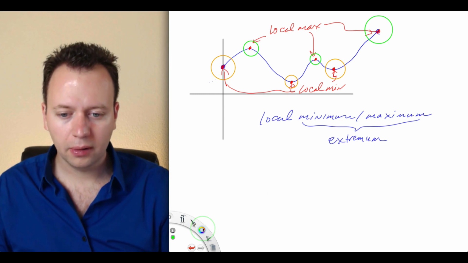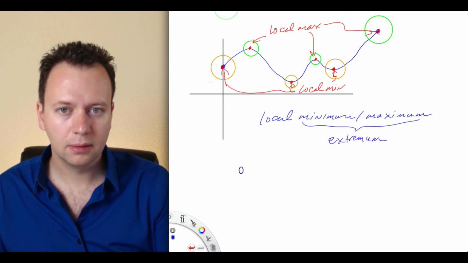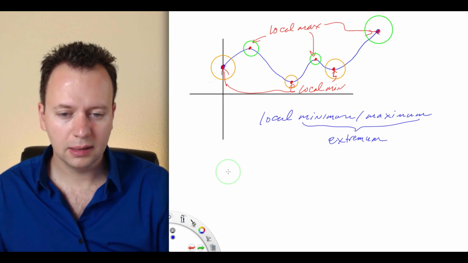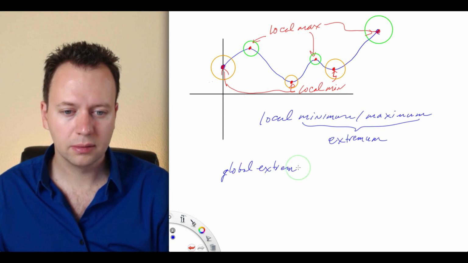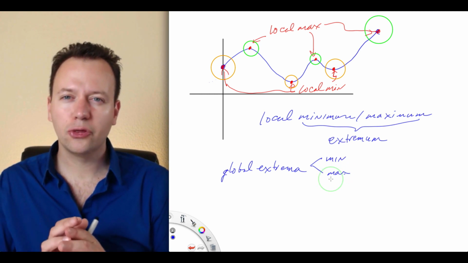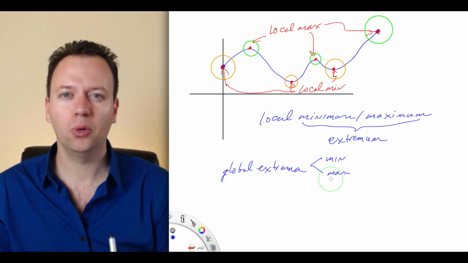Now the global extrema is a different story. Global extrema could be either minimum or maximum. Global just means that throughout the entire domain, this point generates the largest possible y value.